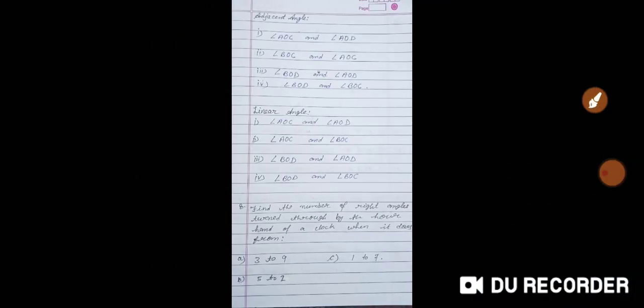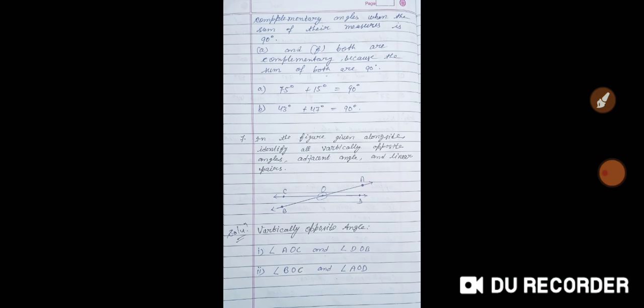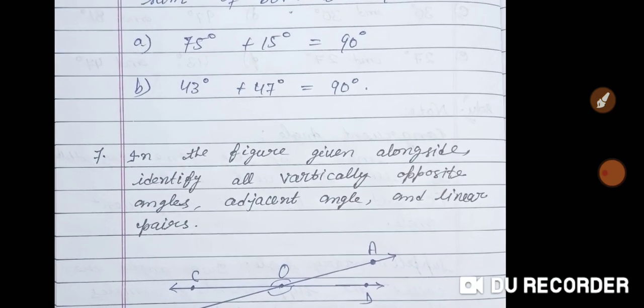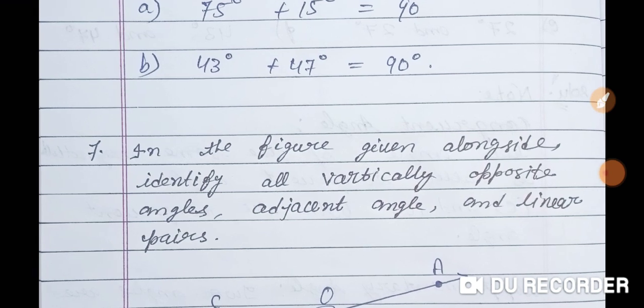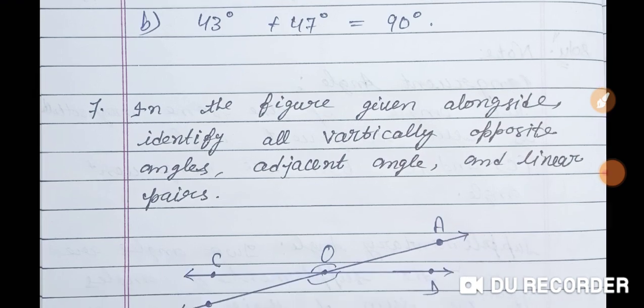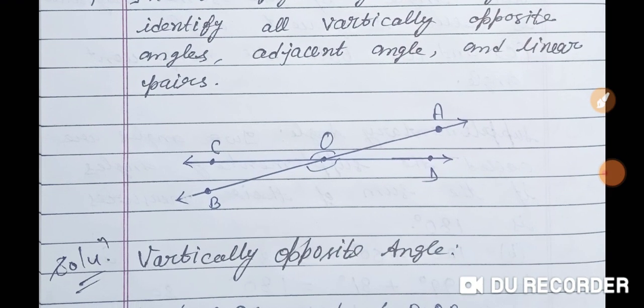Now next one. Question number 7. In the figure given alongside, identify all the vertically opposite angles, adjacent angles and linear pairs. Okay.